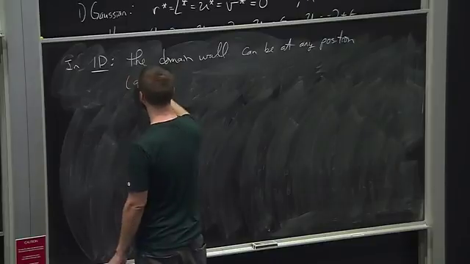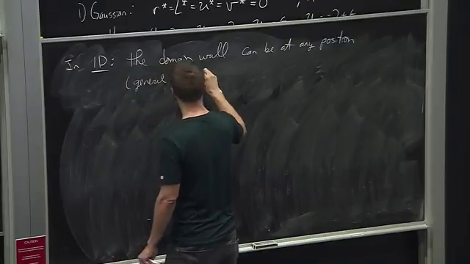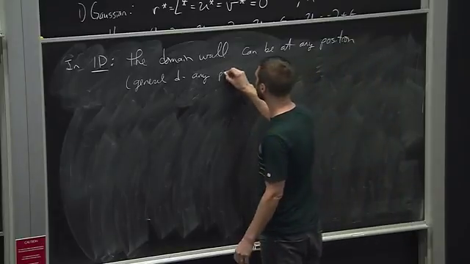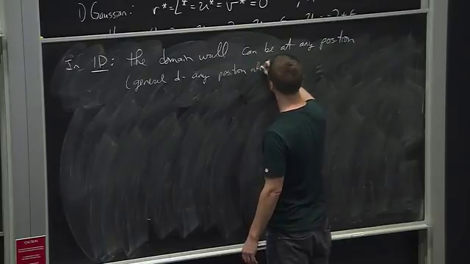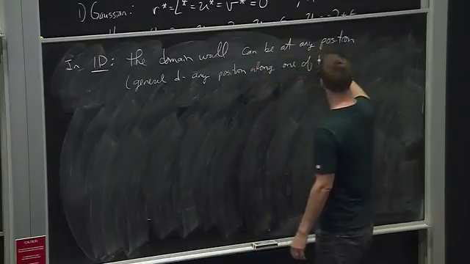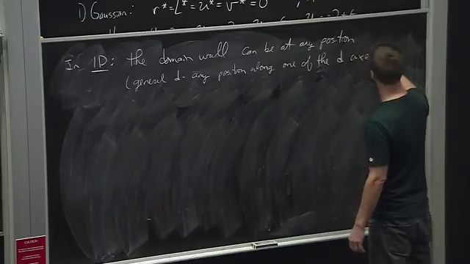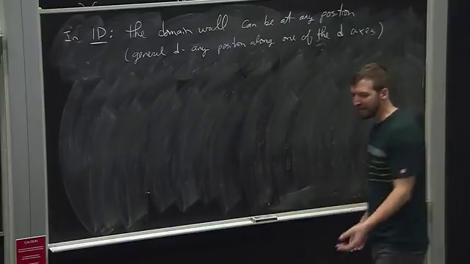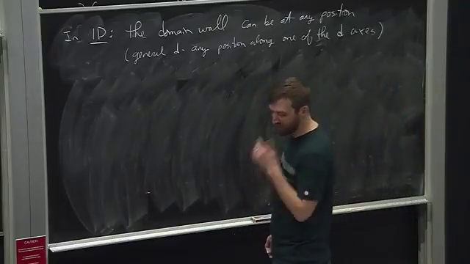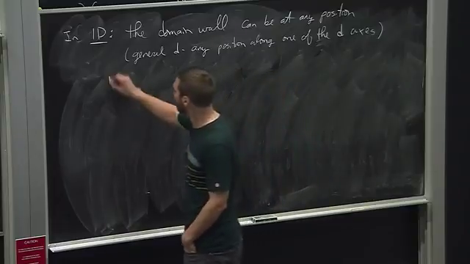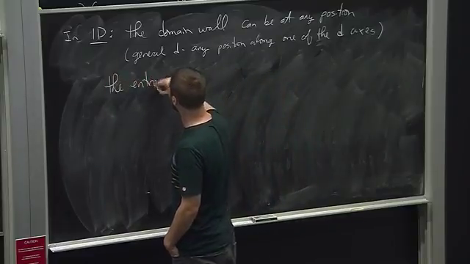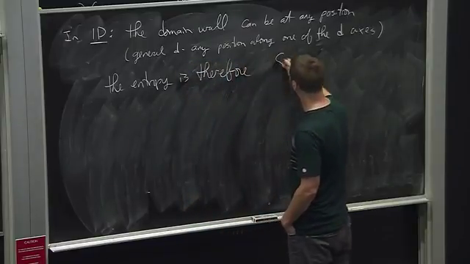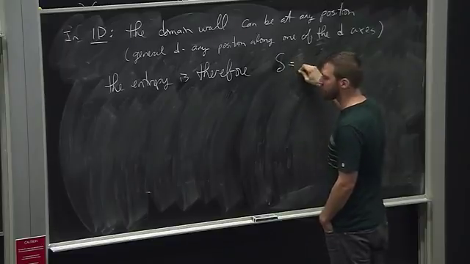And in general d, it could be at any position along one of the d axes. So for a domain wall in any dimension, the entropy, call it S, is log.